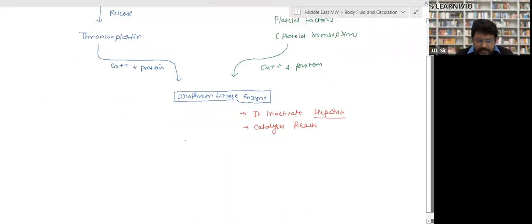Now this prothrombinase enzyme converts prothrombin, an inactive protein, into thrombin protein.